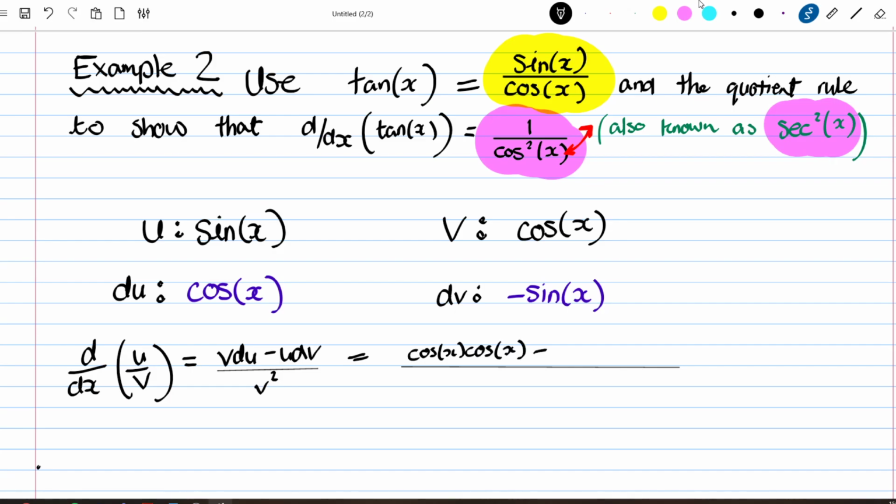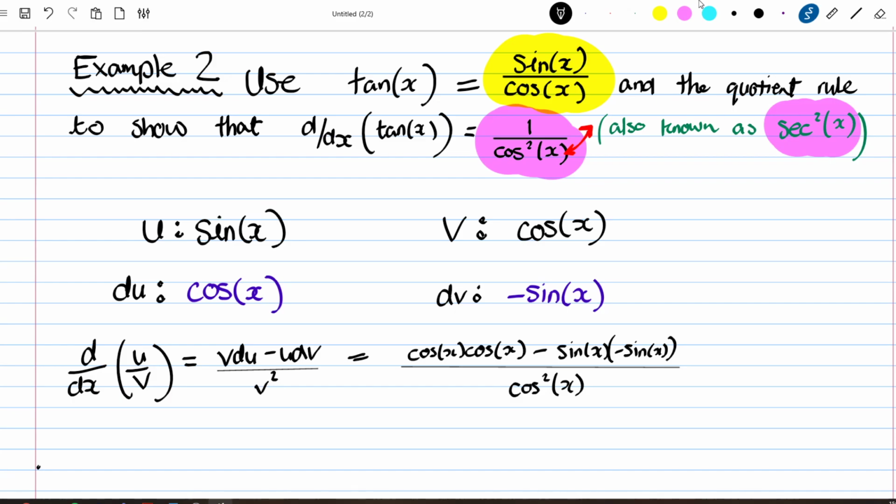Then I've got u, which is sine x, and I'm multiplying by dv, which is minus sine x. The v term is cos, so the denominator is going to be cos squared.